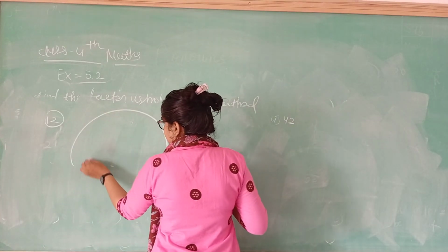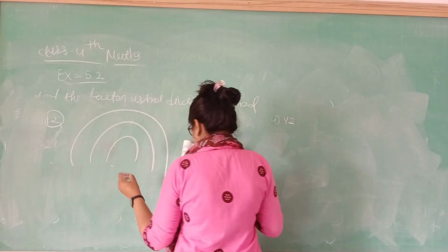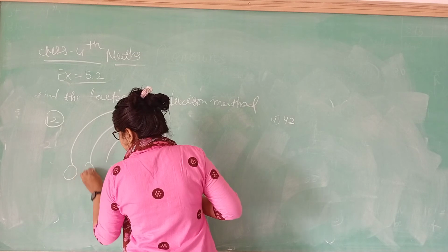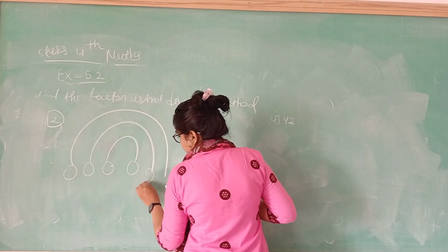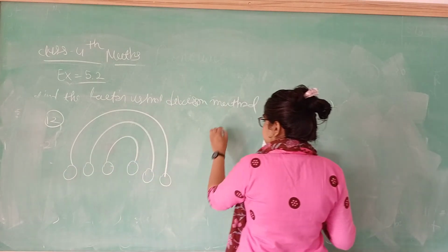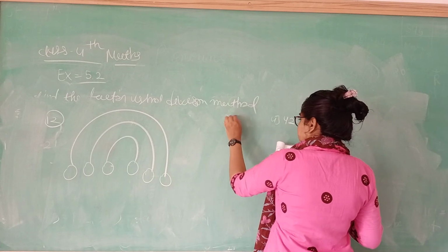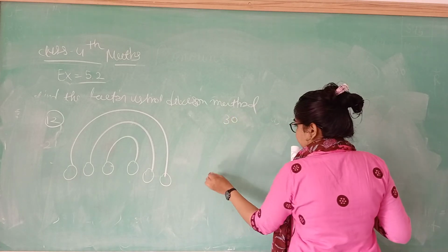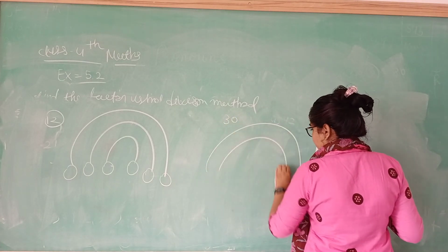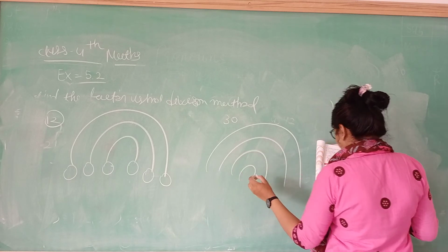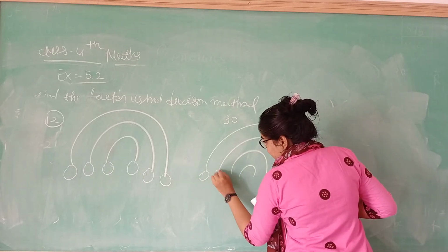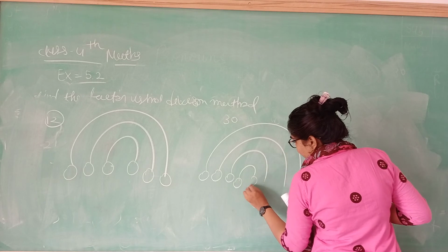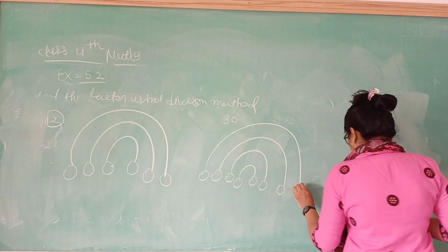Okay. Then 1, 2 and 3. Here 3 rounds are given. Then the second question is 30. Okay. 1, 2, 3 and 4.